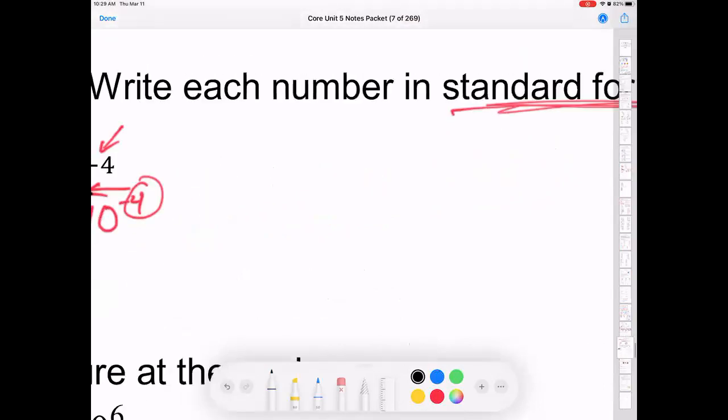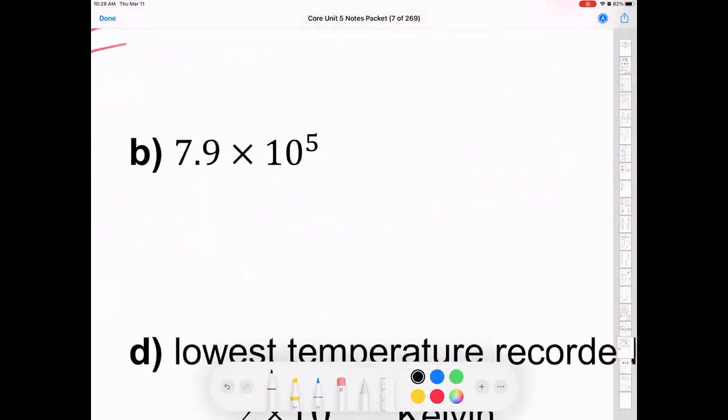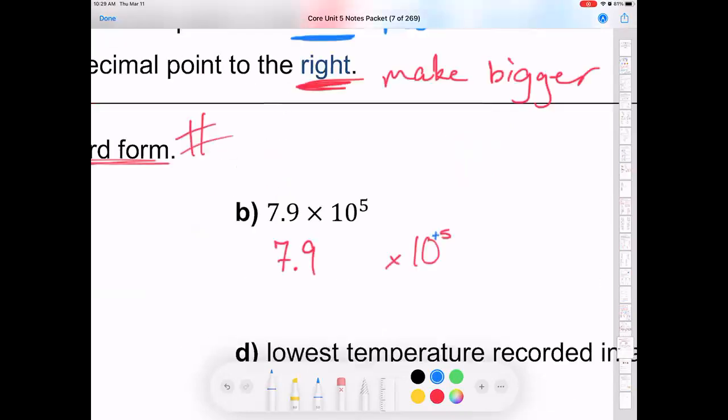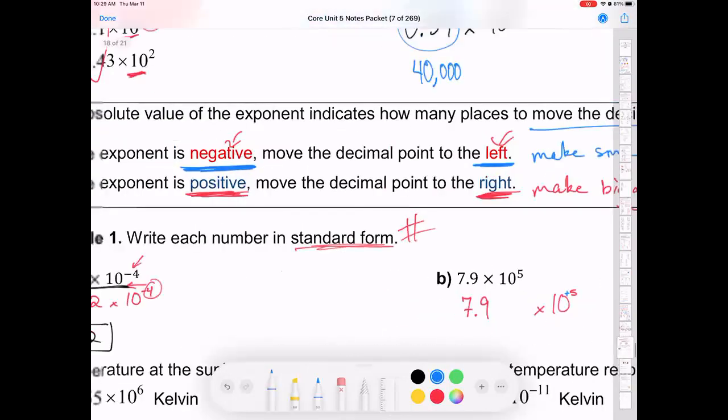Next up for B, we have 7.9 times 10 raised to the 5th. That's the same thing as taking your decimal place. Notice how the exponent is positive this time, a positive 5. According to our definition, if you have a positive exponent, we move the decimal to the right.